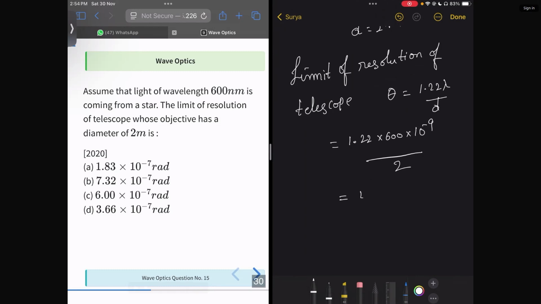So it will be 3.66 into 10 power minus 7 radians.